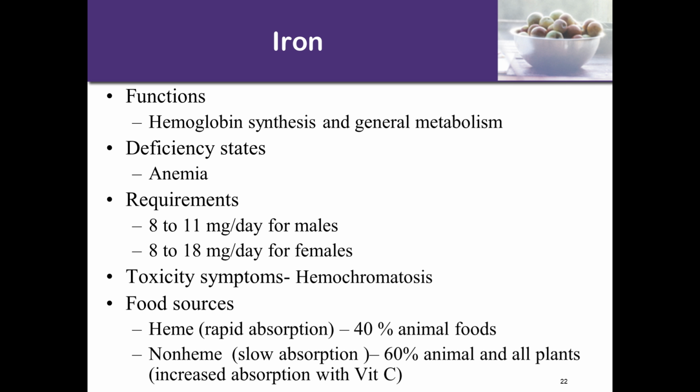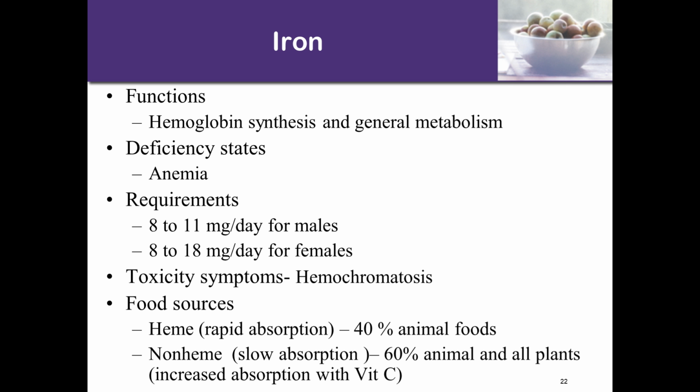Right? If deficiency of iron takes place, then that condition is known as anemia. Means the amount of blood or hemoglobin will be low, because if iron is not present in the body, then there is no formation of hemoglobin.